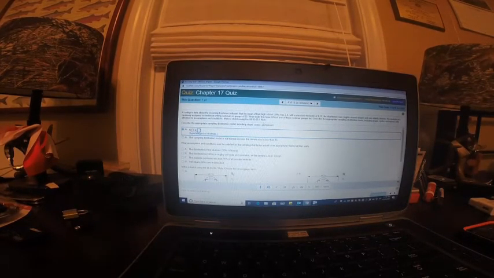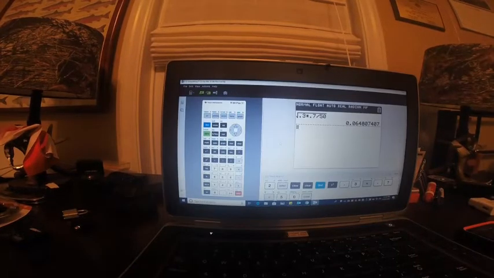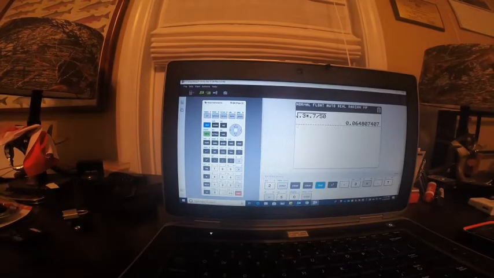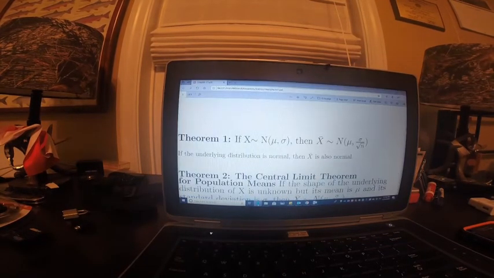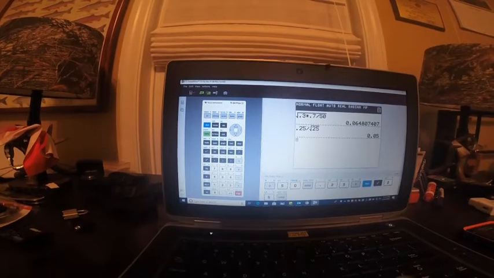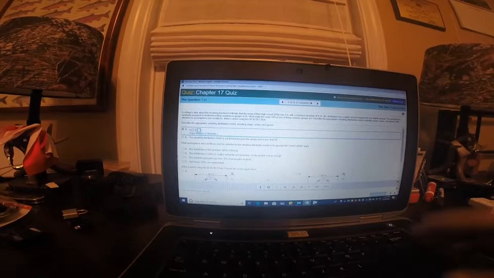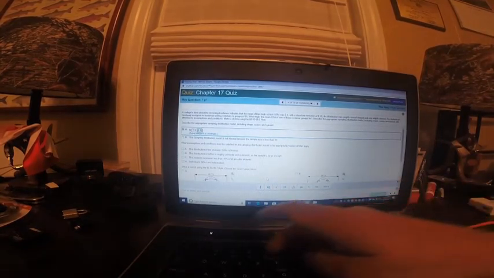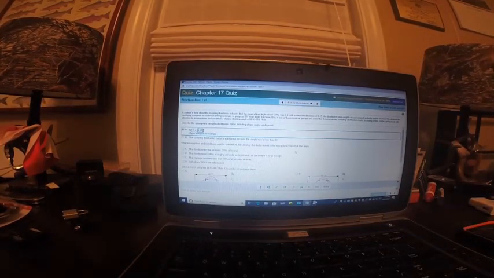Our n is 25. So if I come over here to my calculator, 0.25 divided by square root of n. So the n here was 25. Type that in, we get 0.05. There it is. Okay.